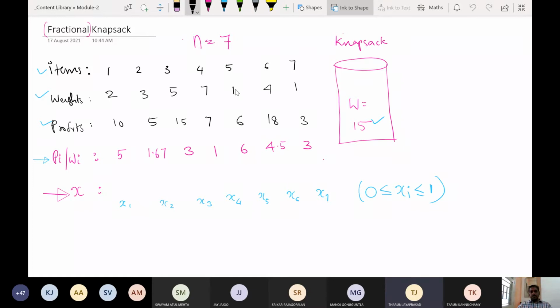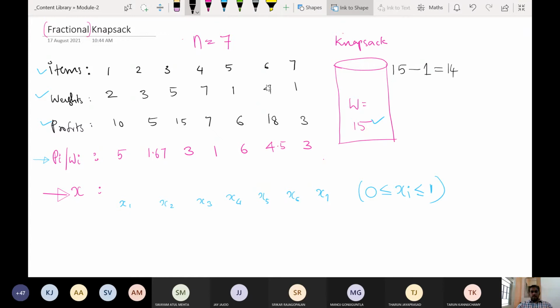Item number 5 is 1 kilogram. Can I include 1 kilogram in the container? What is the remaining capacity of the container? Before including it, our container was completely free, so we had 15 kilograms. Now we include 1 kilogram of item number 5, so the remaining capacity of the container will be 14.